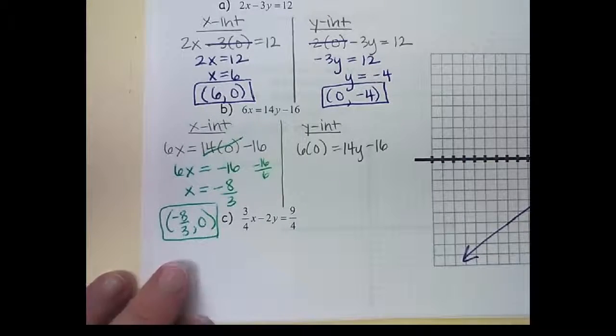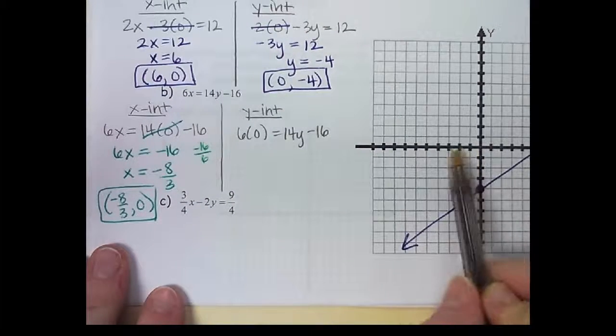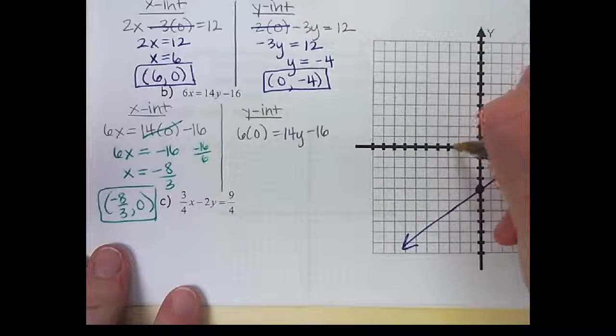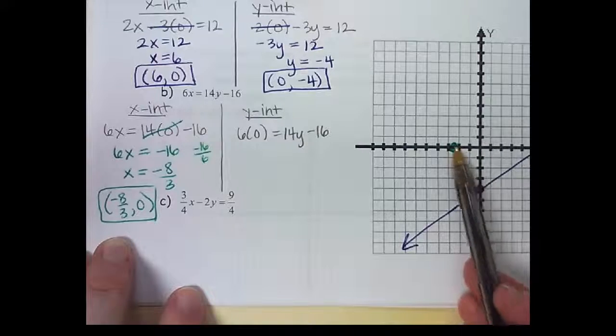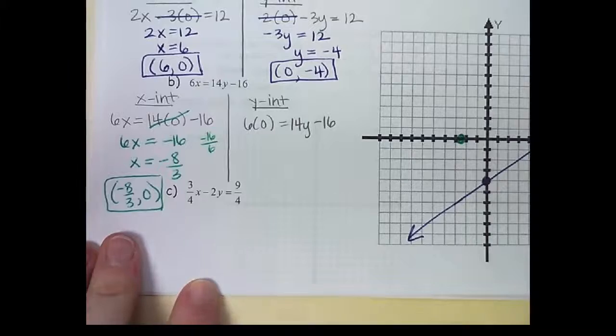Is negative 8/3 in between negative 1 and negative 2, or negative 2 and negative 3? Good, negative 2 and negative 3. So make sure you graph it in the proper place. 3 goes into 8 2 times, and there's a little bit left over, so it should be further than the negative 2.